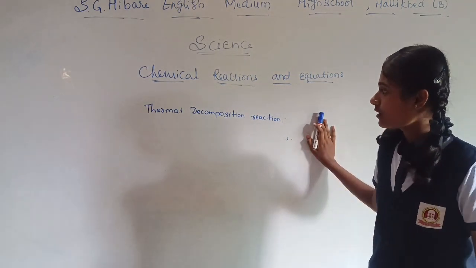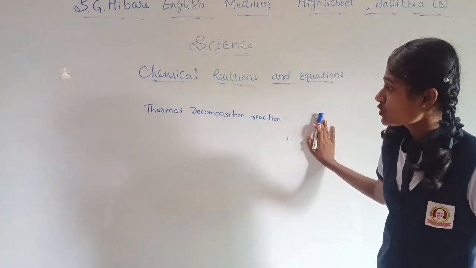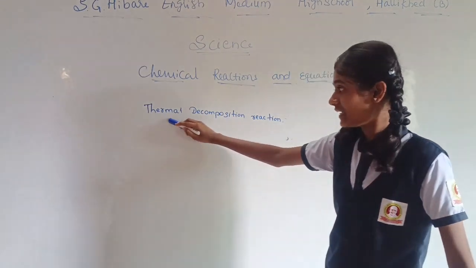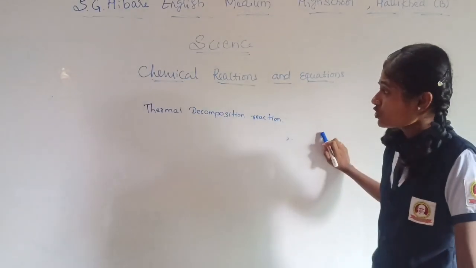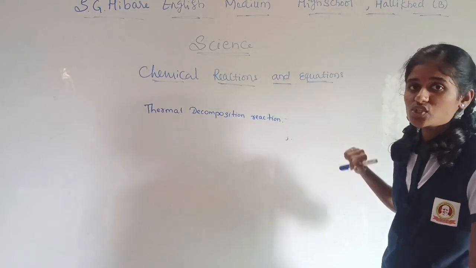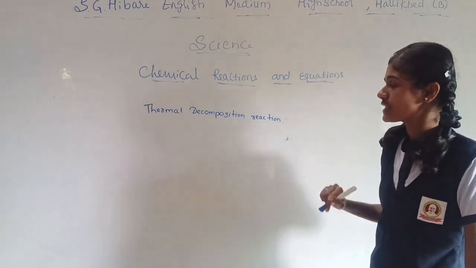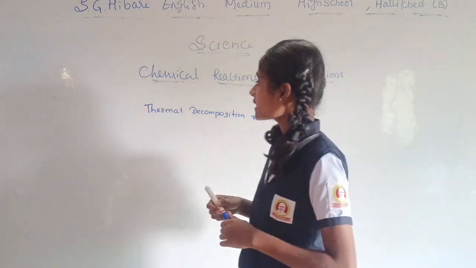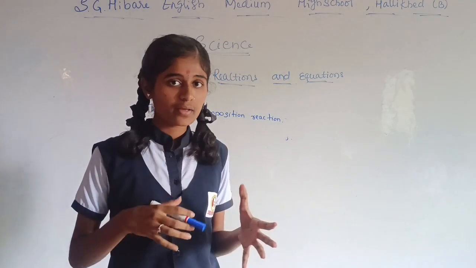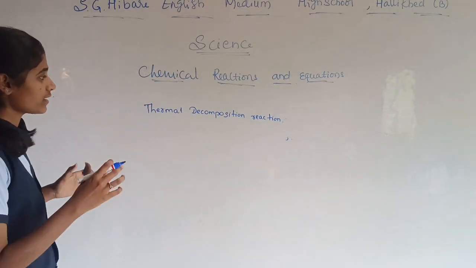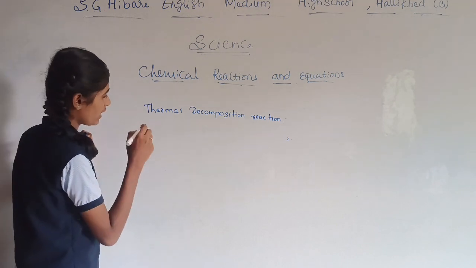Now thermal decomposition reaction. As we know, thermal means heat. So the type of reaction in which energy is used in the form of heat to decompose the reactants is known as thermal decomposition reaction. Means the decomposition is done by using heat.